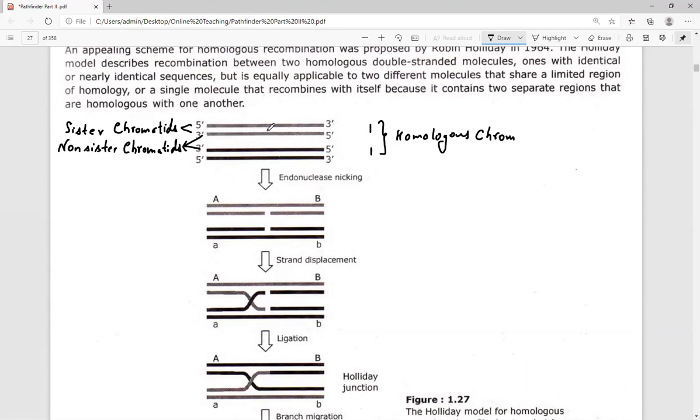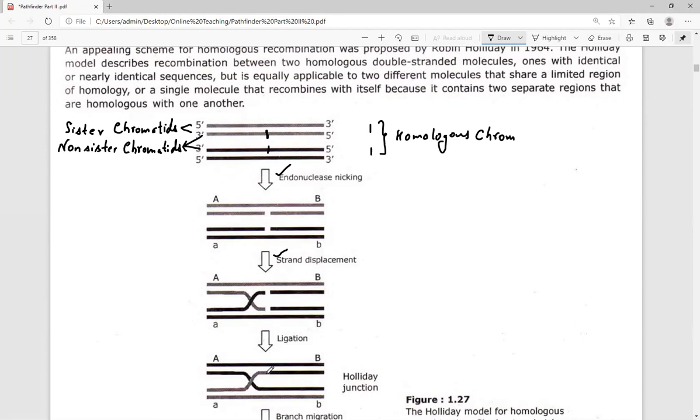How? They would be cleaved at a particular site. Here the cleavage takes place. Here another cleavage takes place on the complementary sequence. Both the DNA molecules are cleaved with the help of an endonuclease, and complementary nicks have been produced. The strands are displaced so that one strand moves in one direction, another in another direction. Then there is a ligation between the strands.